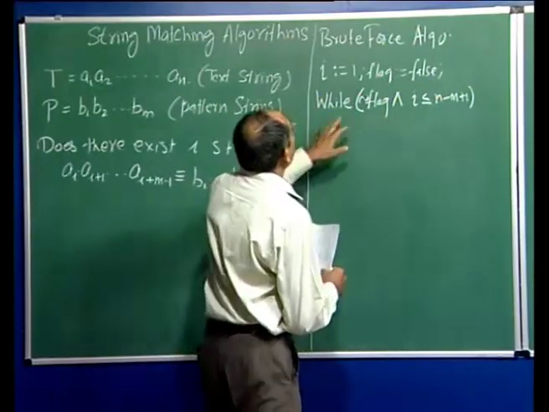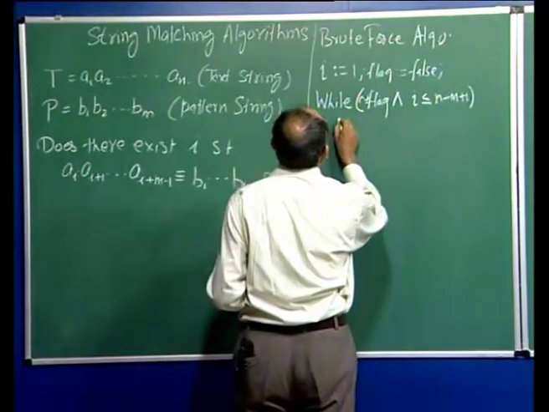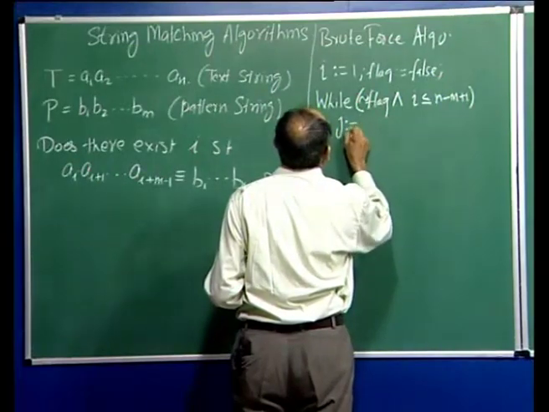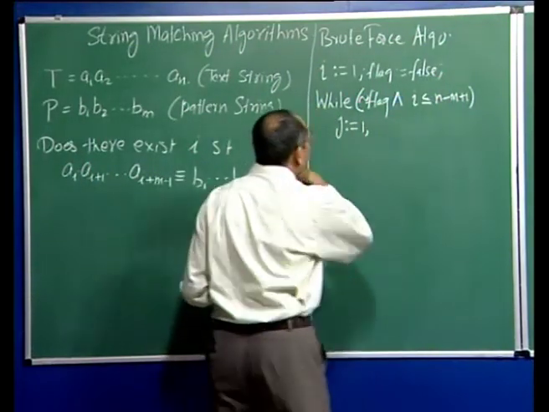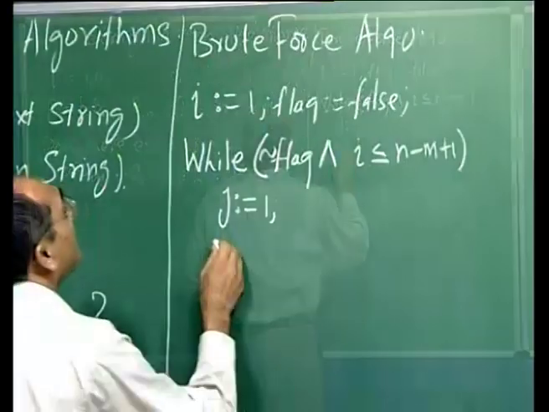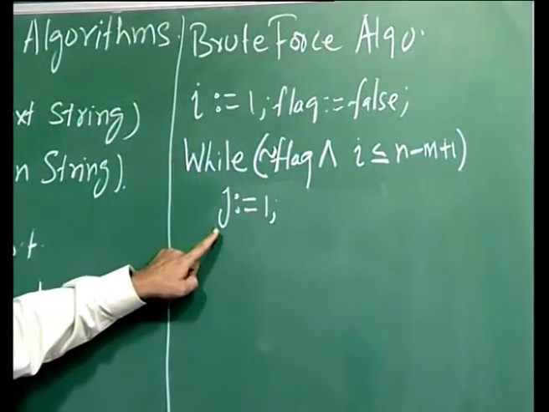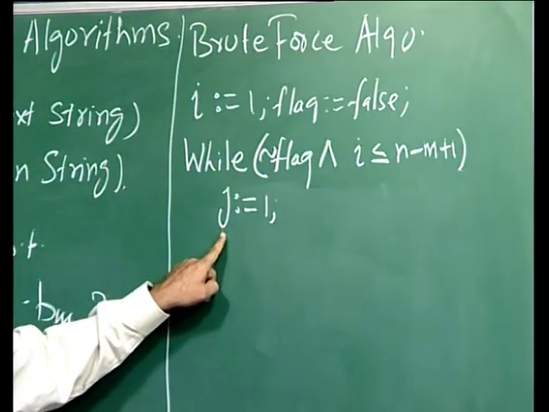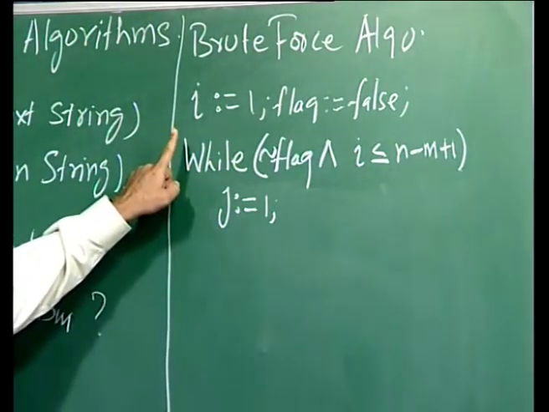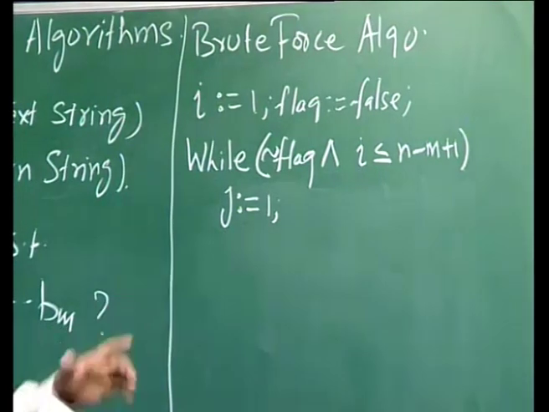So, what we will do is we will begin with j equal to 1 and try to match A_i with B_1, that is B_j, A_{i+1} with B_2, and so on.